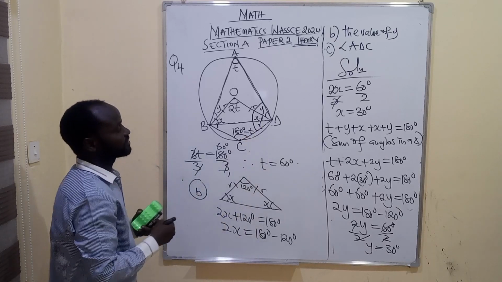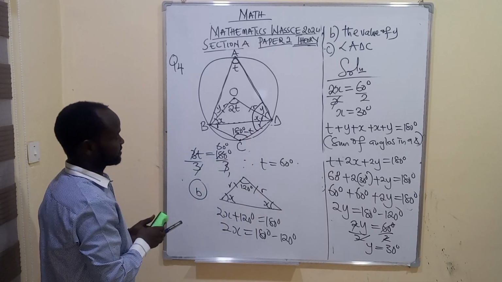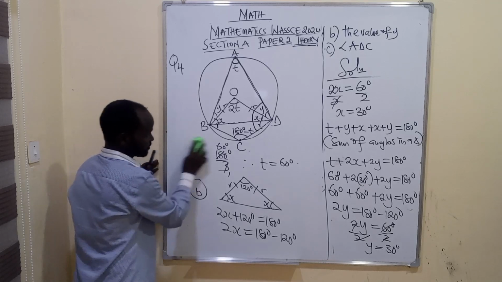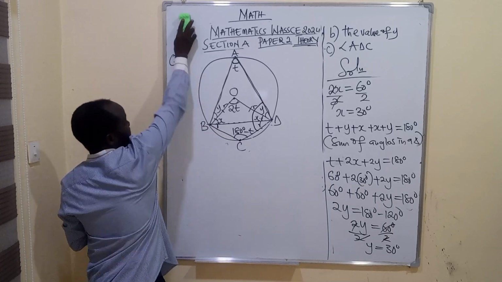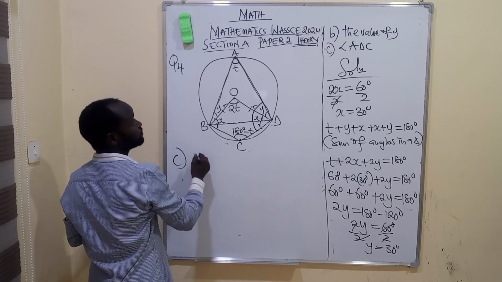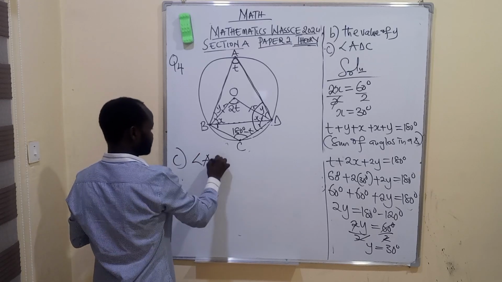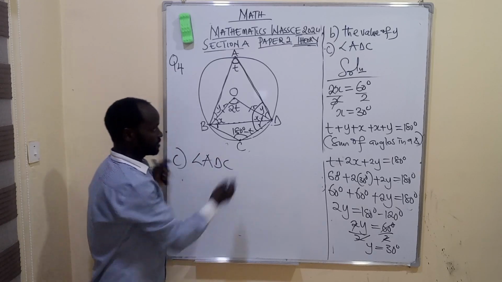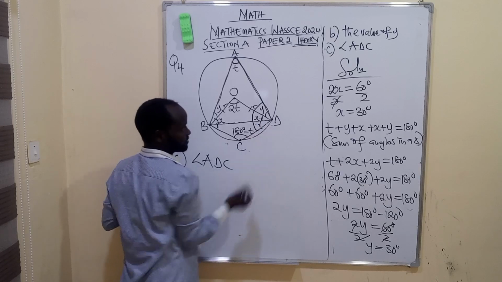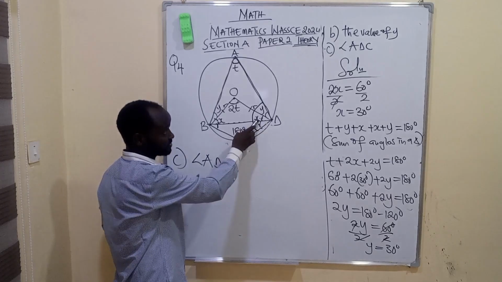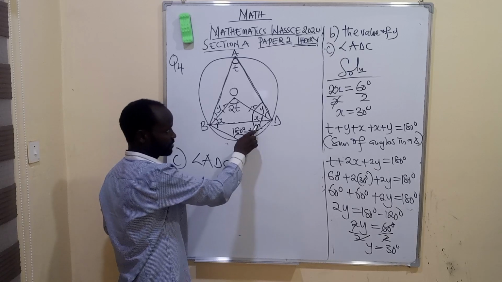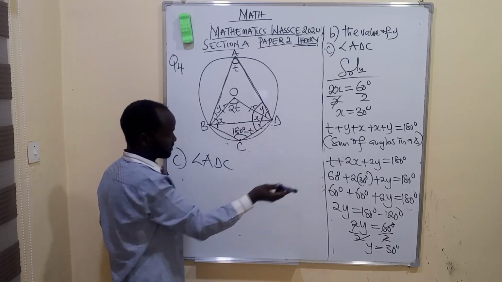So we can easily find that angle ADC. So let me remove this so that we can solve that angle ADC. So see now, angle ADC, as I said, the angle here is 30 degrees. Why? Because the angle here and the angle here are the same. And since x is 30 degrees, it means here will be 30, here will be 30, and we know the value of y.